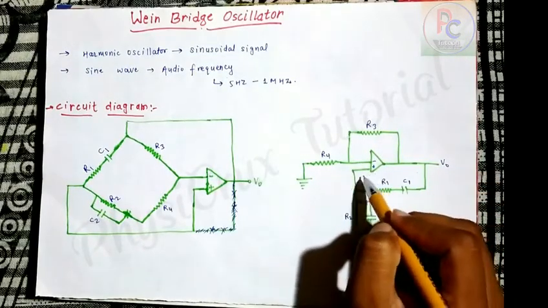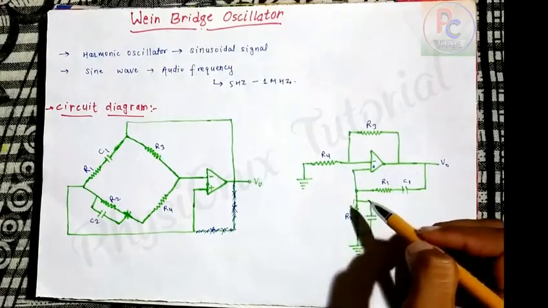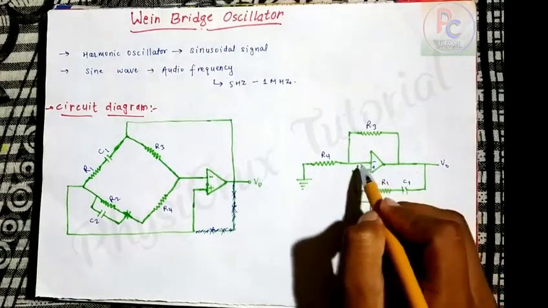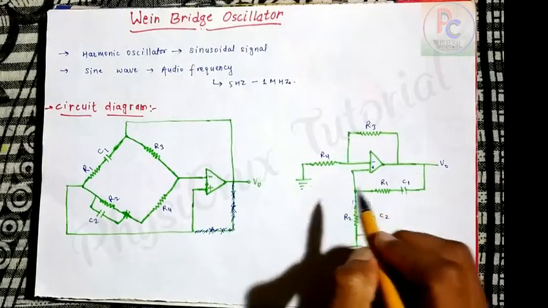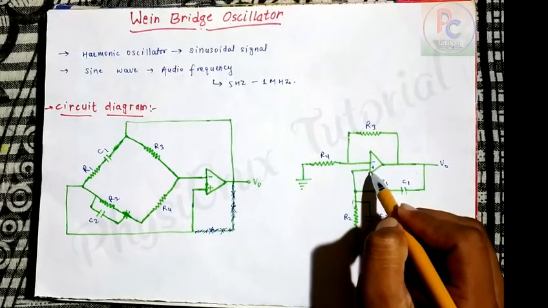We know that thermal noise acts as the input of the oscillator. So the input, that is R4, is grounded. So the Wein-Bridge oscillator works in non-inverting mode.